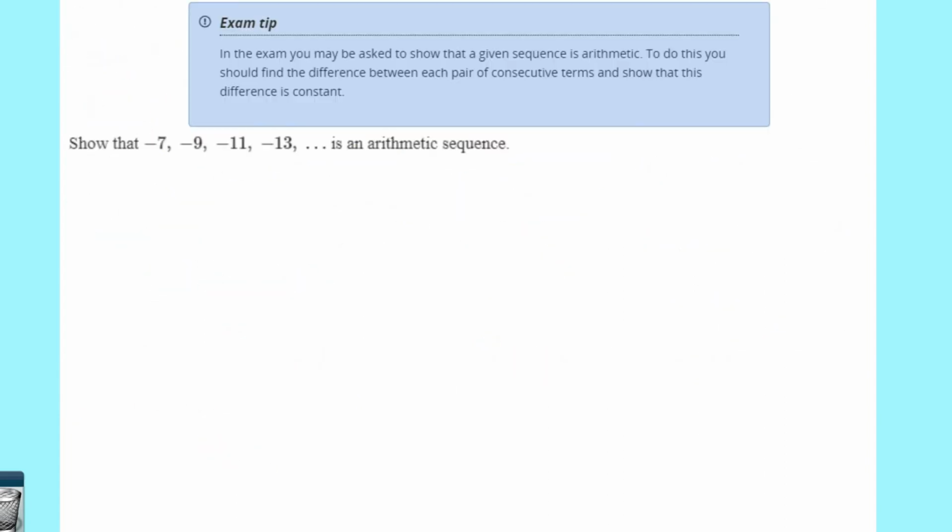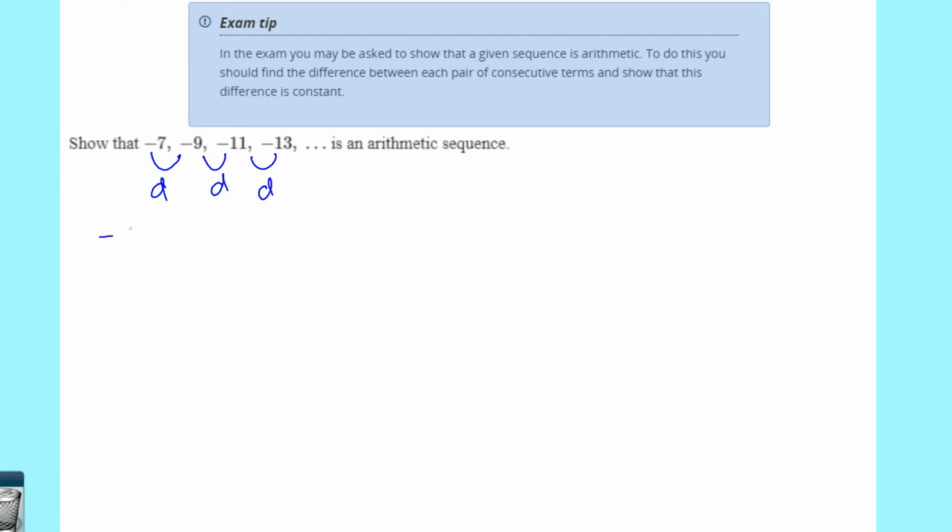Alright, exam tip. You may be asked to show that a given sequence is arithmetic. To do this, you should find the difference between each pair of consecutive terms and show that this difference is constant. So, show that -7, -9, -11, -13 is an arithmetic sequence. So that means we want this difference to equal this difference, to equal this difference.